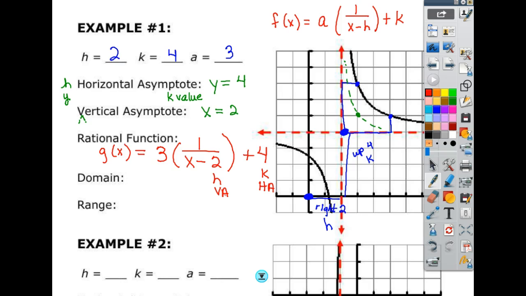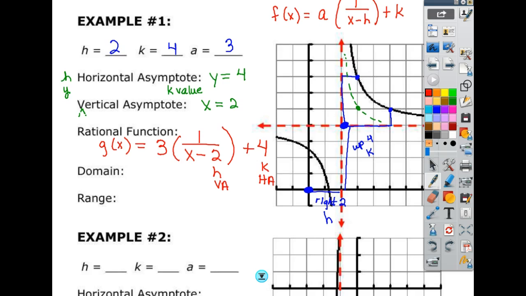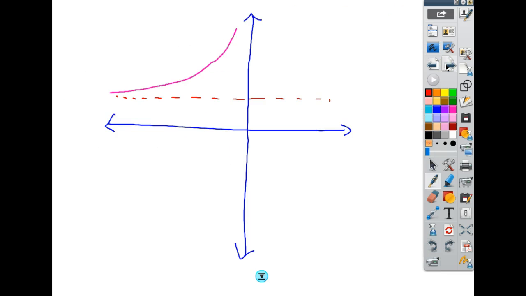Now, let's talk about the domain and range. Excuse me. Okay, let me go over here again to this blank page, because last period they kind of needed a little clarification on this.